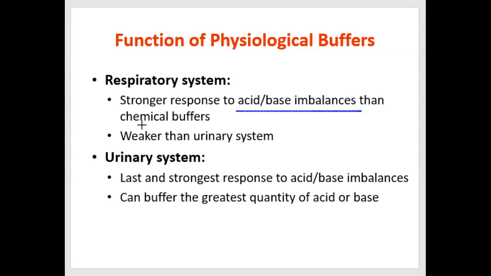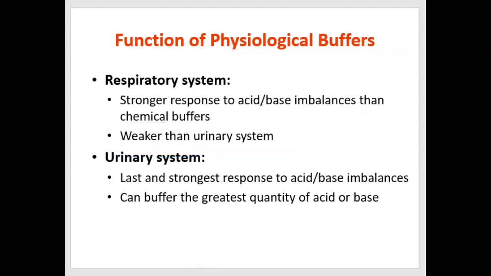Those chemical buffers can change minor fluctuations, but the respiratory system can change the pH by many levels. But it's still weaker than what the urinary system can do. The urinary system has the strongest response to acid-base imbalances, and it's so powerful because it can either eliminate acid or base from the body, not just bind up or release hydrogen ions.